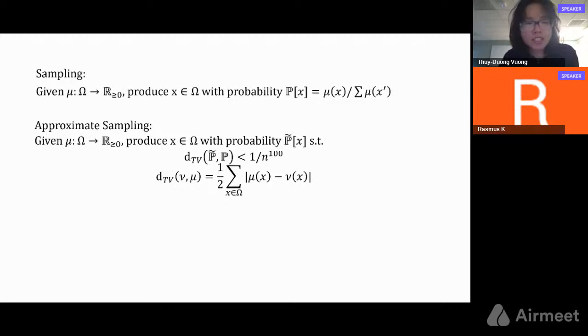And total variation distance is defined as 1/2 the L1 norm of the difference between two probability distributions.